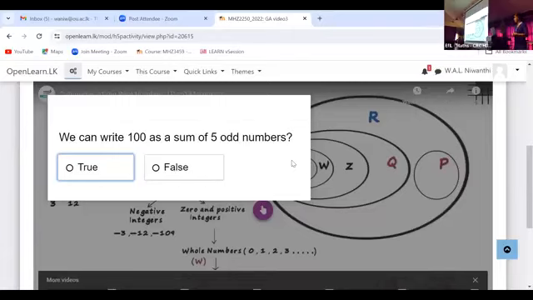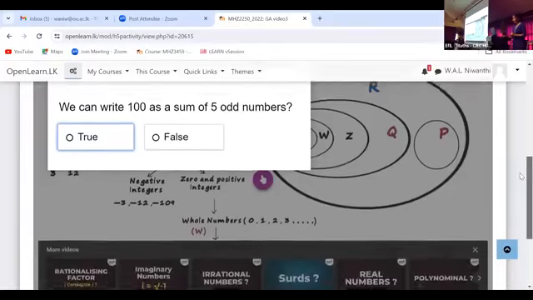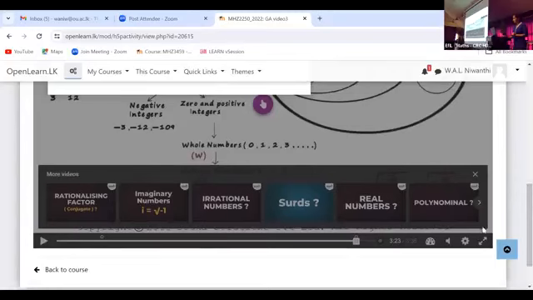I can't hear. Okay, then for even numbers. So how about this? Can you write 100 as a sum of 5 odd numbers? Okay, I will leave you to think. Please discuss that with your friends.